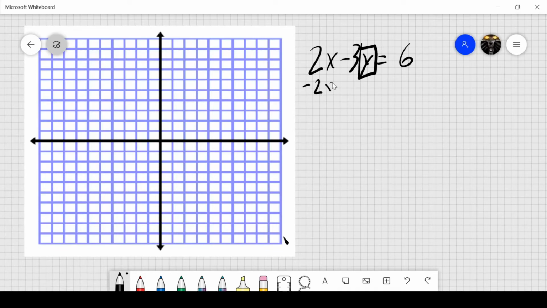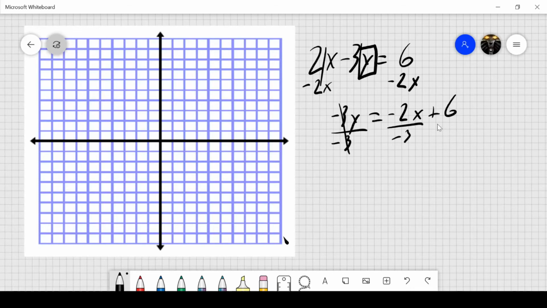To do that, we subtract 2x from both sides. Cancel it out here. Negative 3y equals negative 2x plus 6. Keep the 6 positive, keep the 2x negative. Next, again, to get the y alone, negative 3, negative 3. Divide both things by negative 3.